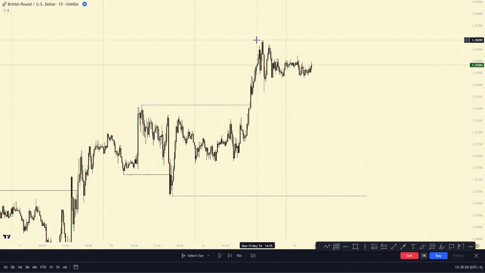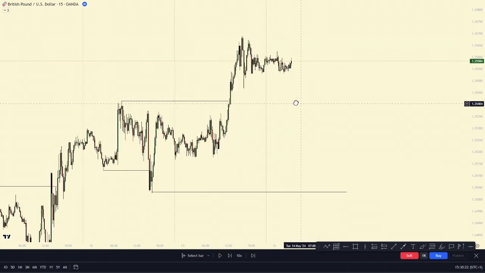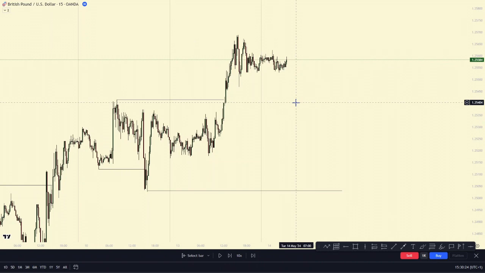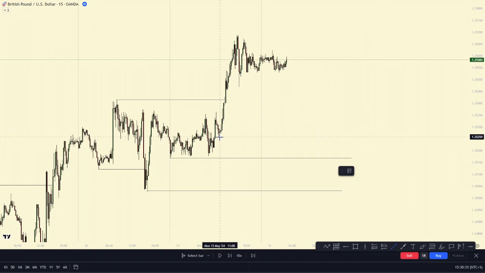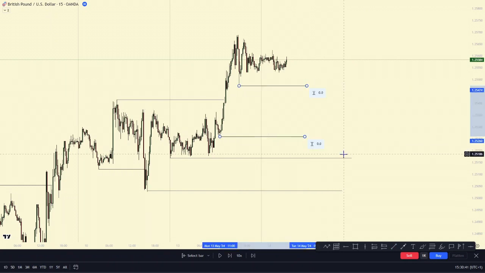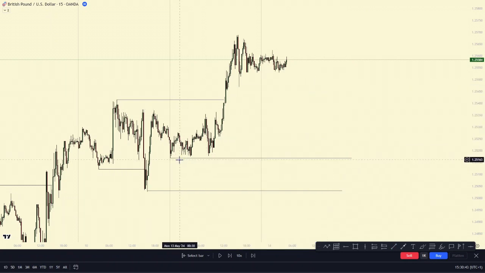Since I have this big range to play with, where is my liquidity? I identified this area as my liquidity for certain reasons. You can mark this or this as liquidity, I don't care, but I identified this extreme one.